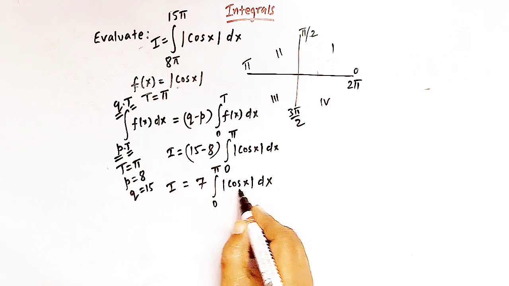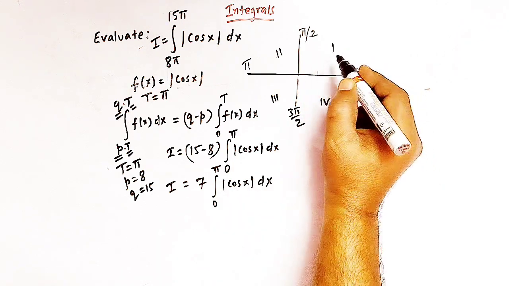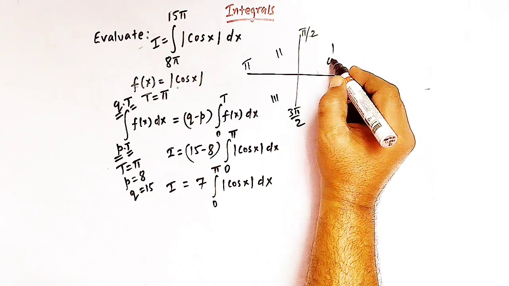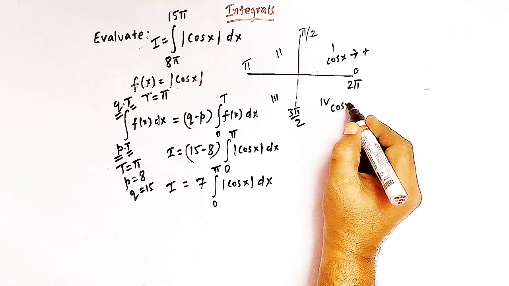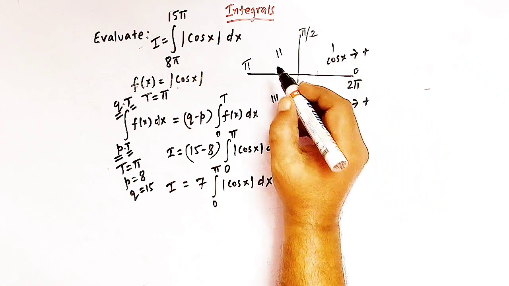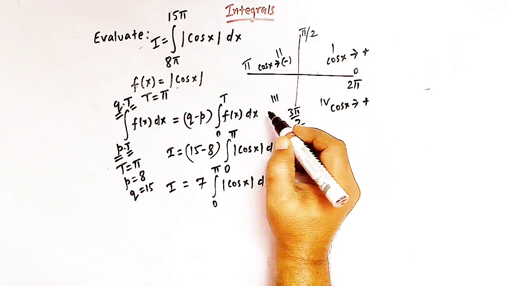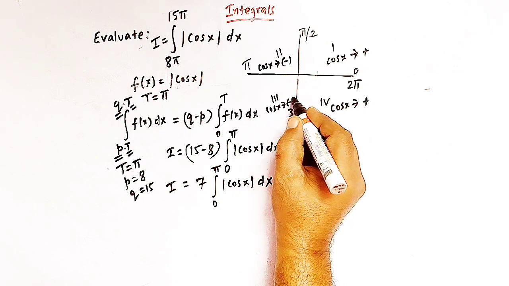And we know that the cosine function is positive in the first quadrant and in the fourth quadrant, and the cosine function is negative in the second and third quadrant, right?